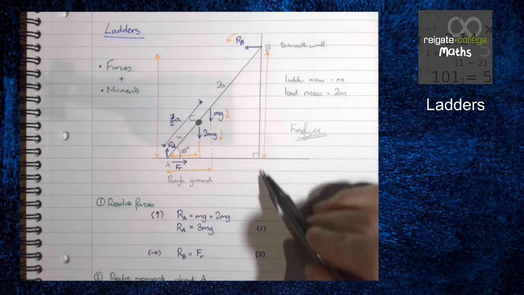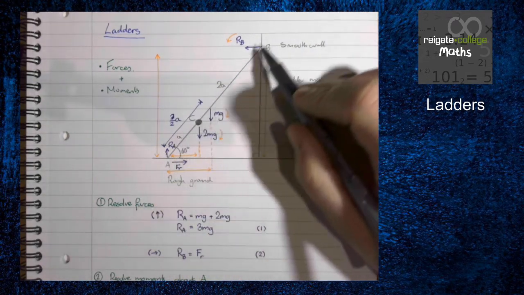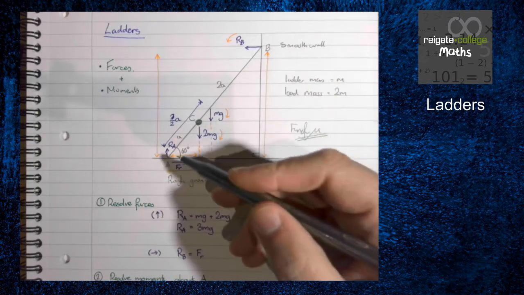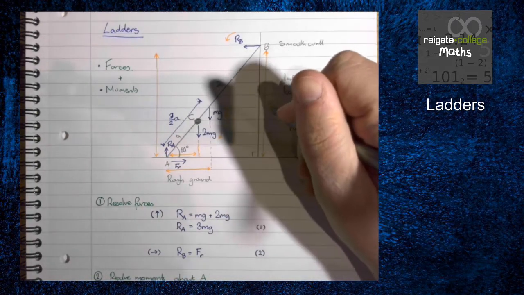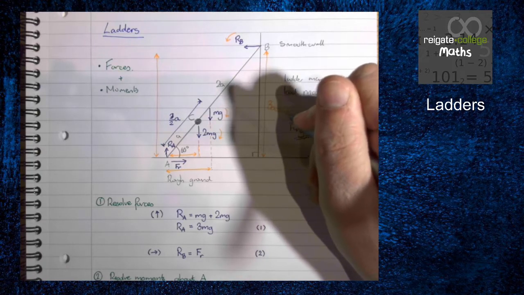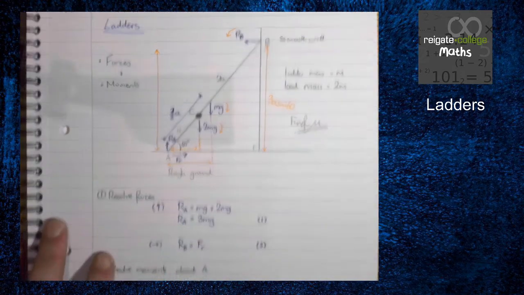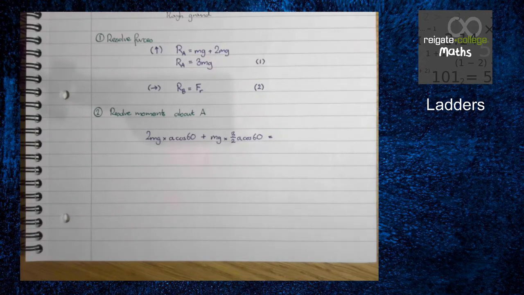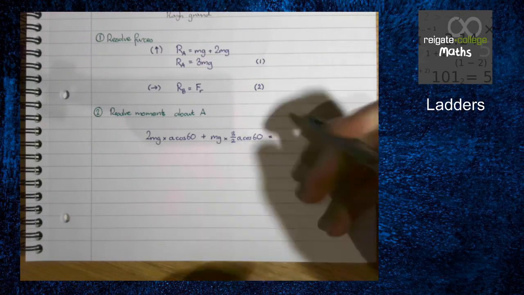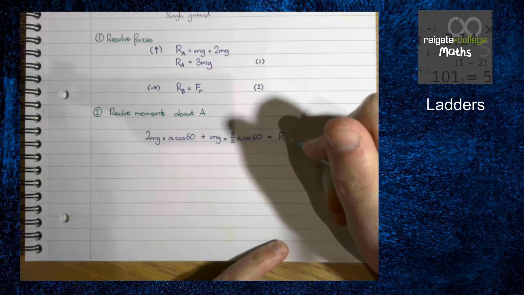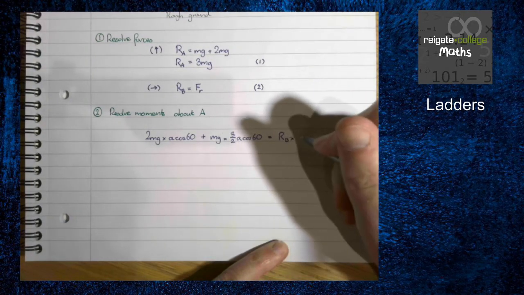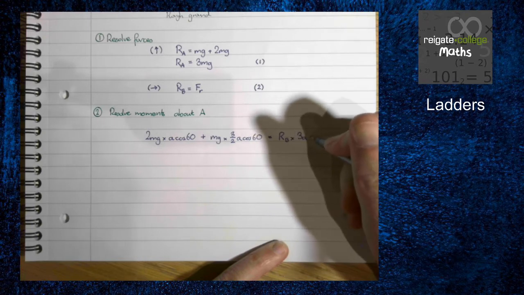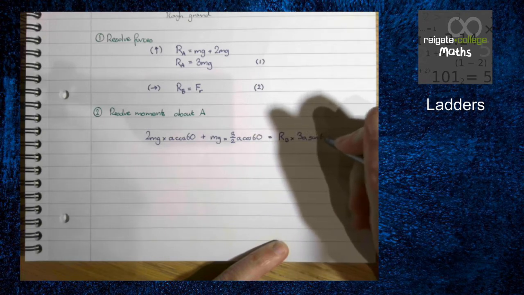This is 3A, because the whole hypotenuse is 3A, the angle is 60, this is 3A sine 60. So we go back to here, and we know that we now have RB times 3A sine 60.